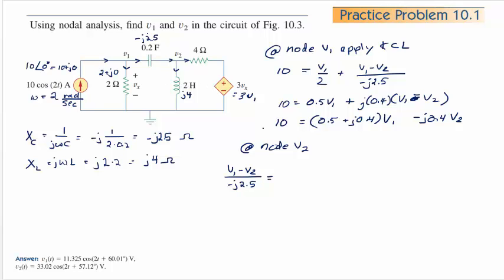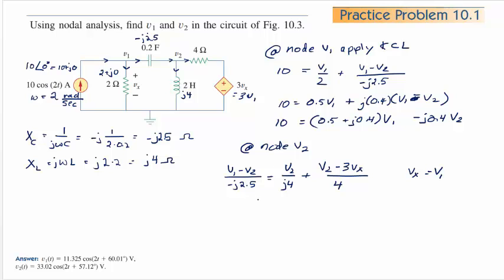That's current going in equals current going out. So it's V2 over that inductor, j4, plus, and this one is V2 minus 3Vx, divided by 4 ohms. And of course we know that Vx actually equals V1.